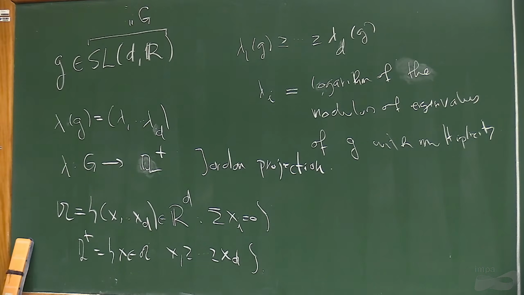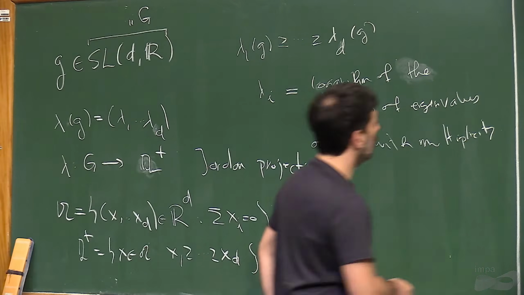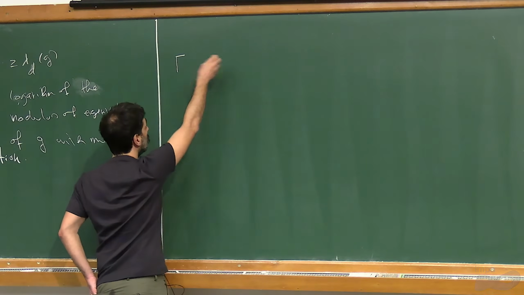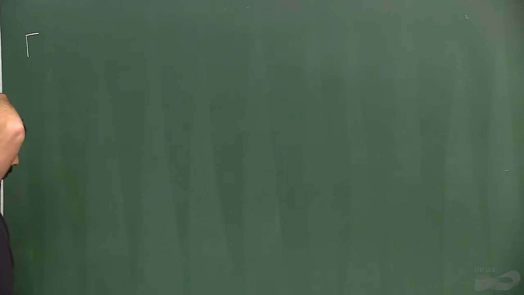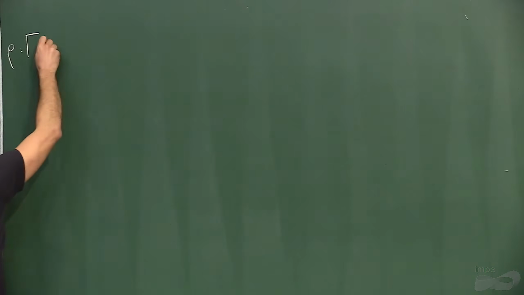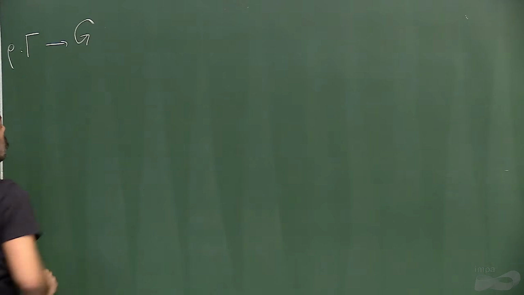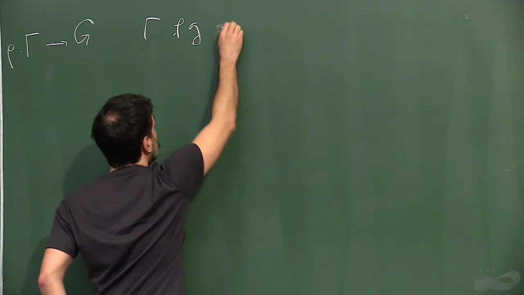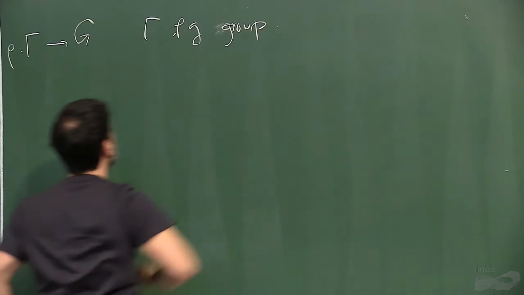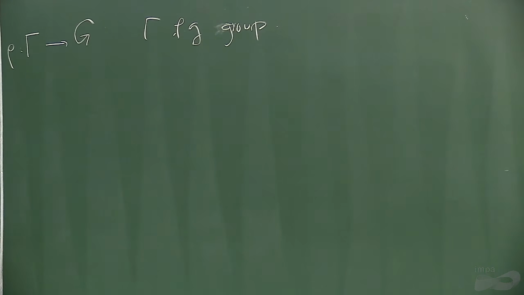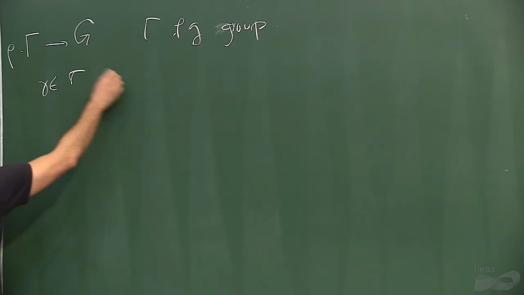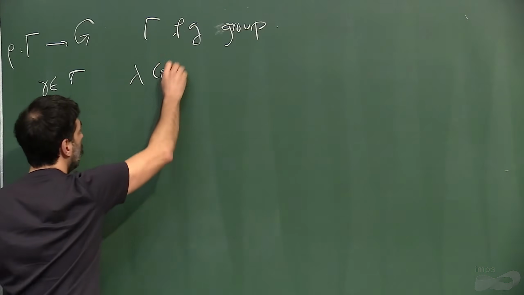So now we have not one element, but a group. We can think of this finitely generated group, but it's not going to be so important. But we have some morphism to G. And now for each element in the group, we're going to have its vector of eigenvalues.